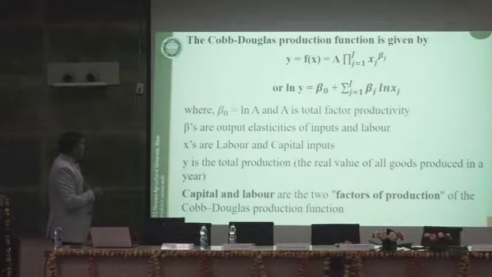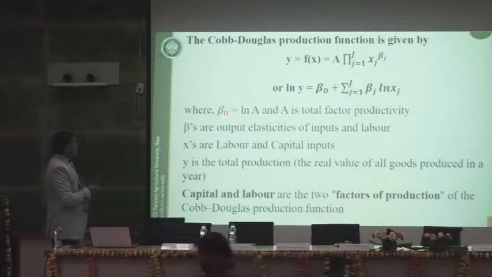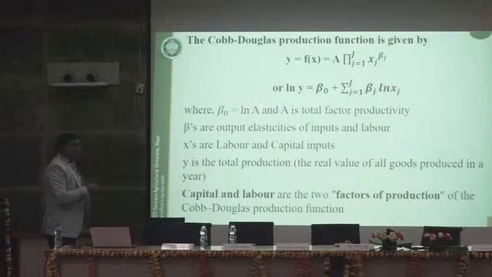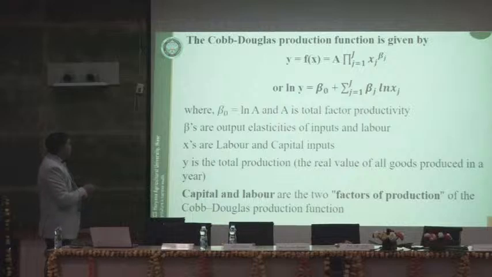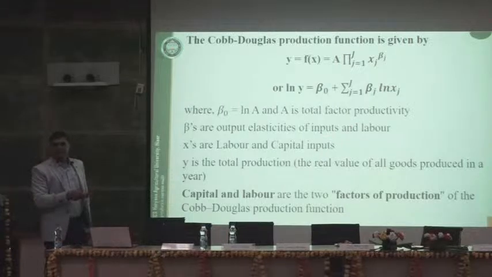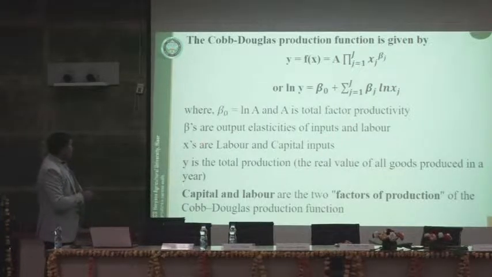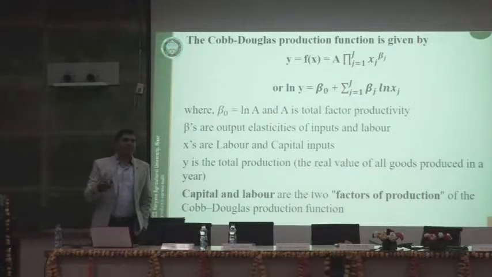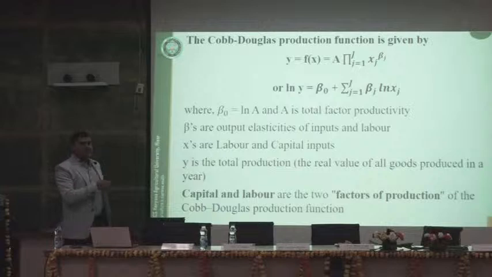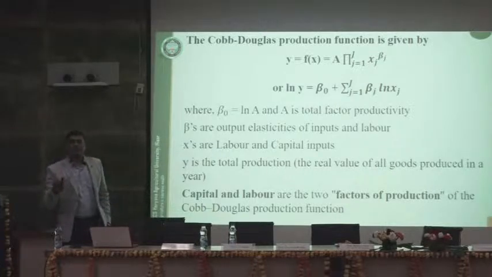So this beta naught is the log of A. A means your total factor productivity, and the other beta_j's are the output elasticities of the inputs. These x_i's are the labor and capital inputs, or they may be anything. For example, we will discuss the production of milk.